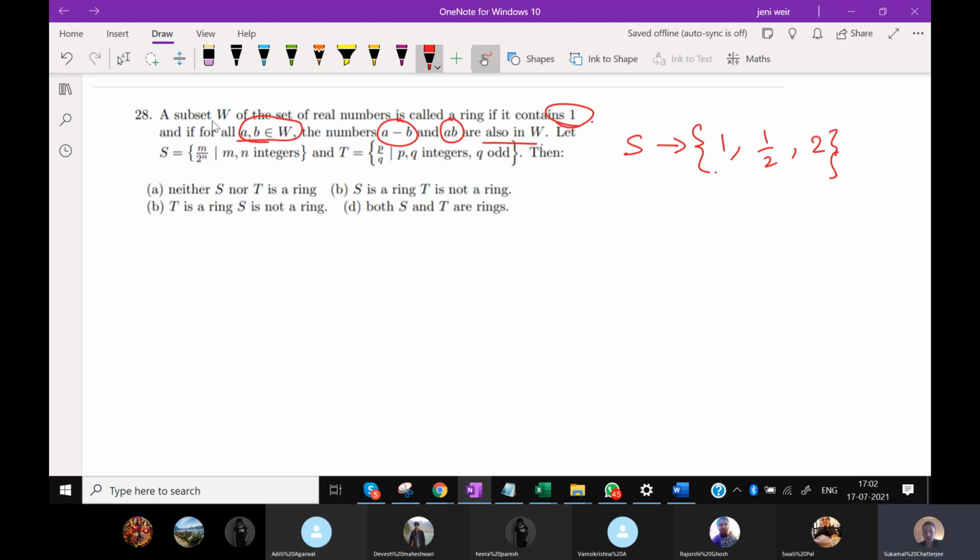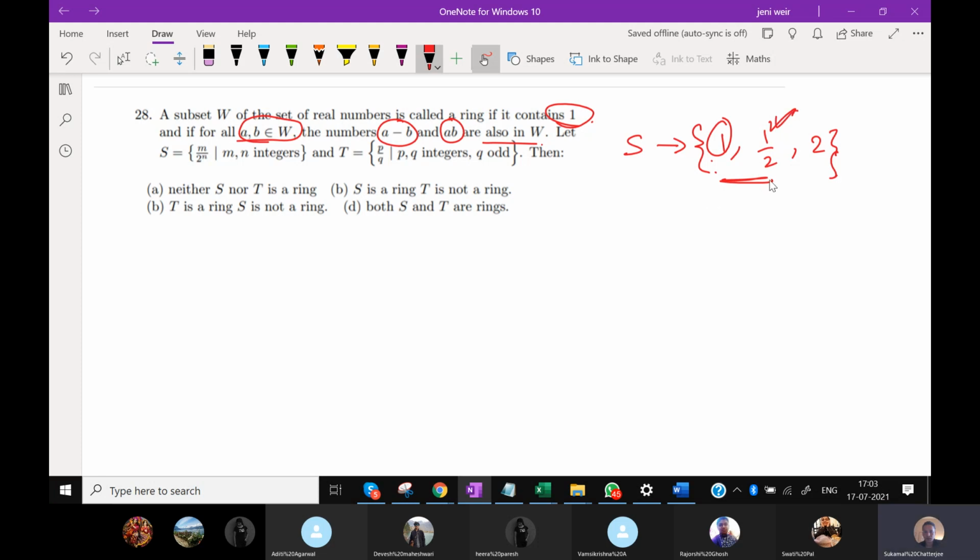Now, if I look at the condition for W, it has to contain 1 and two elements A and B such that the difference will also be present in it, and the product will also be present. If I take 1 and half, then the difference is half, which is present, and the product is half, which is also present.